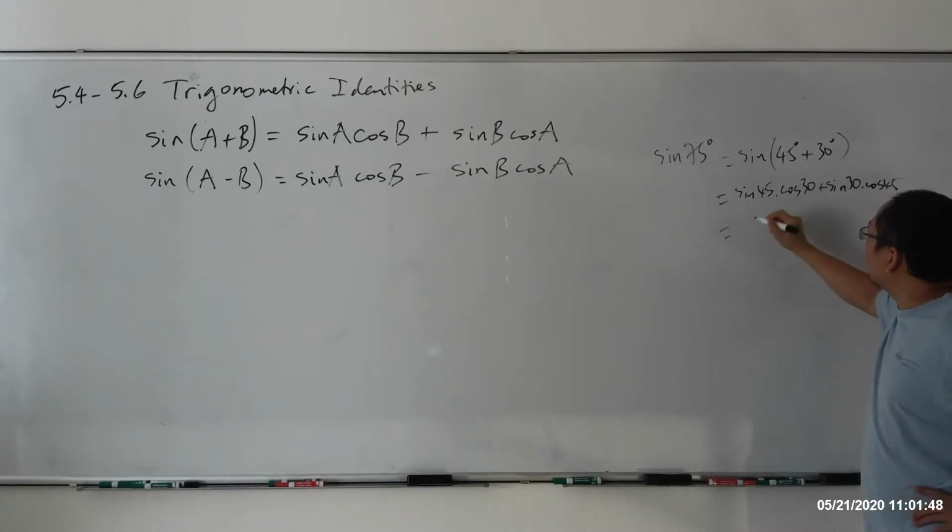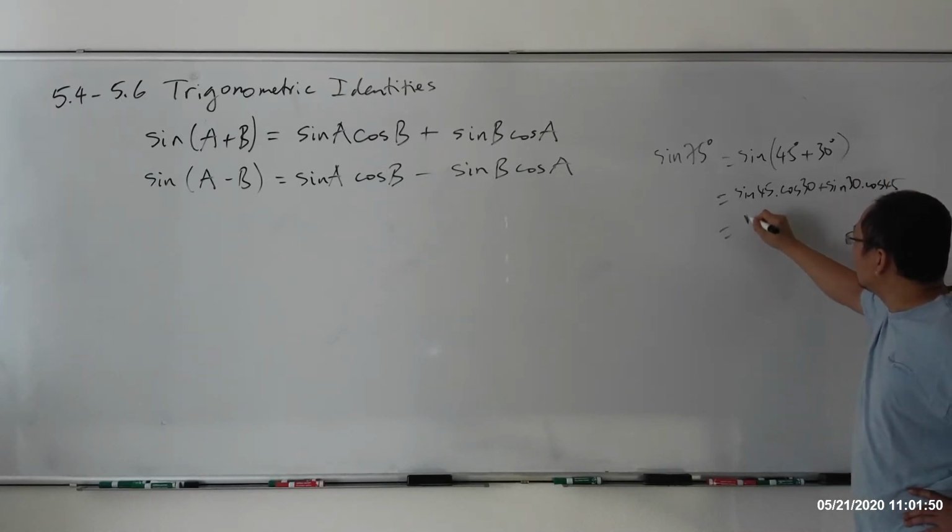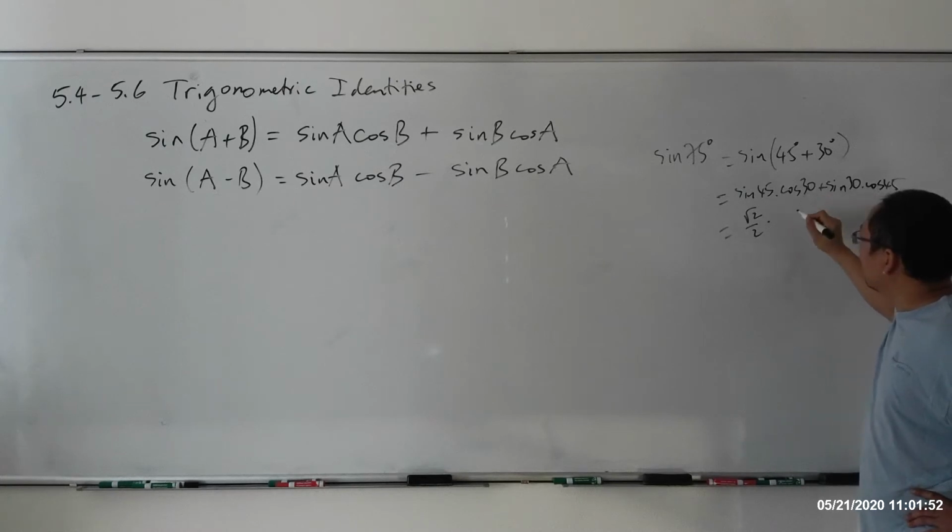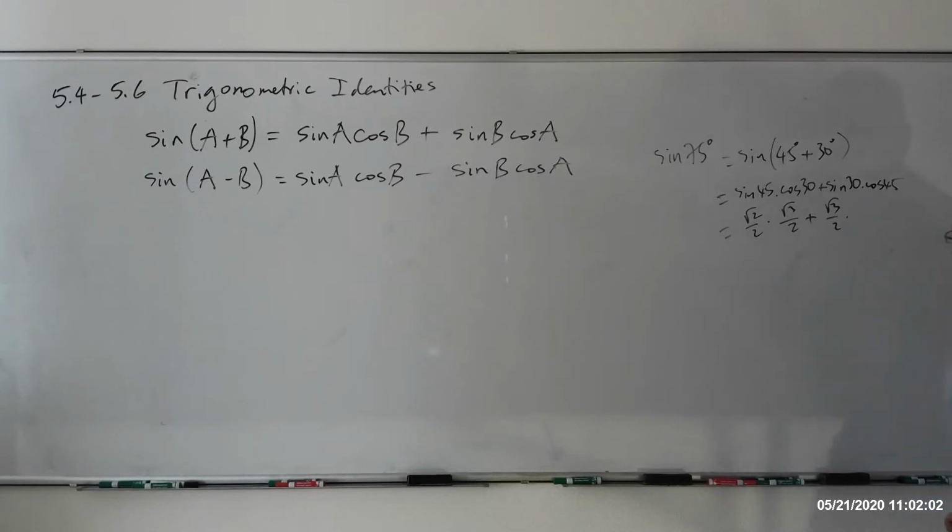And you know the sine of 45 is root 2 over 2. Cosine of 30 degrees is root 3 over 2. Plus sine of 30 and cosine of 45 degrees, root 2 over 2, I think.